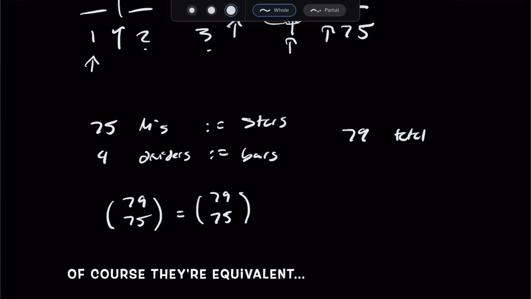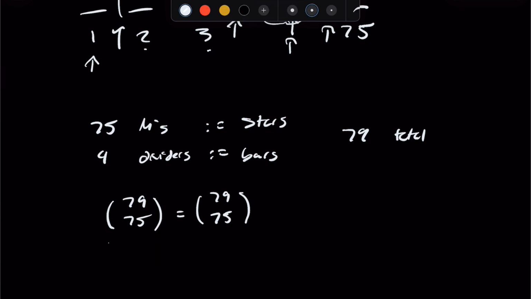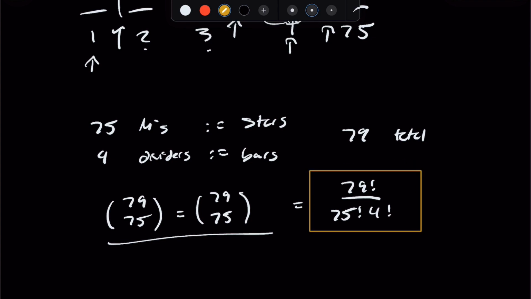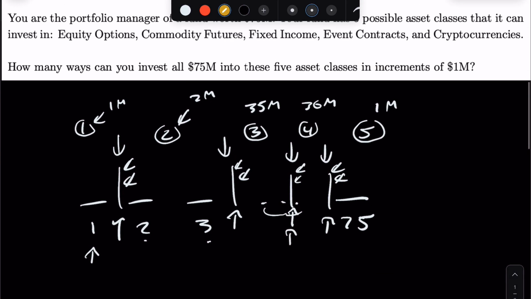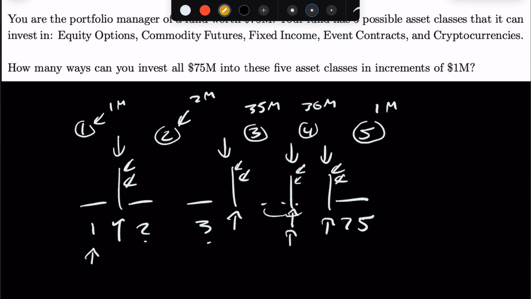So this is our solution, and to reinforce the combinatorics definition, it's 79 factorial over 75 factorial times 4 factorial. This is the number of ways to allocate our $75 million into 5 asset classes.